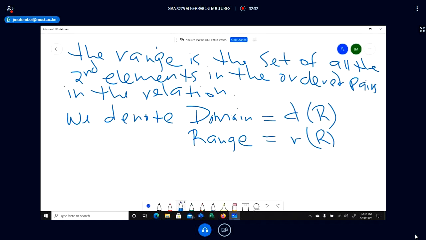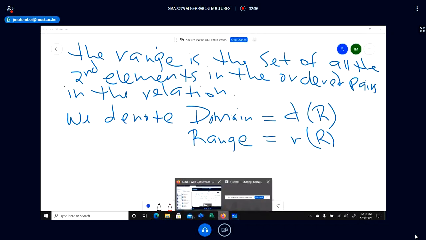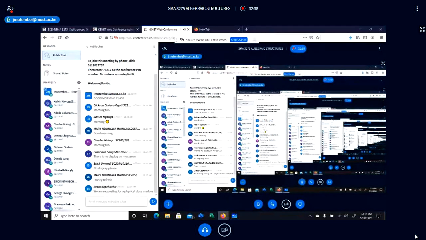For example, I hope the screens are still sharing. I'm seeing the numbers there. BSS, are you in? Are we having BSS and BMC? BSS and BMC, on the public chat, let me know if you are there.